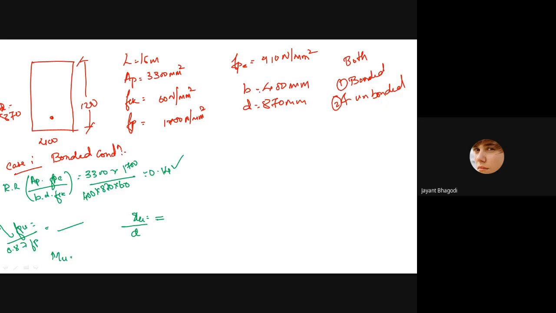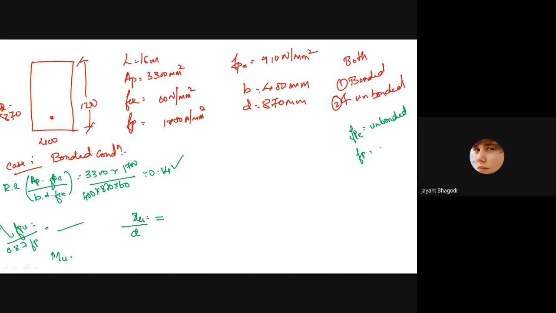Sir, FP is 1700. See, for pre-tensioning there will be no losses. In unbonded there are losses. In bonded, there will be no losses.